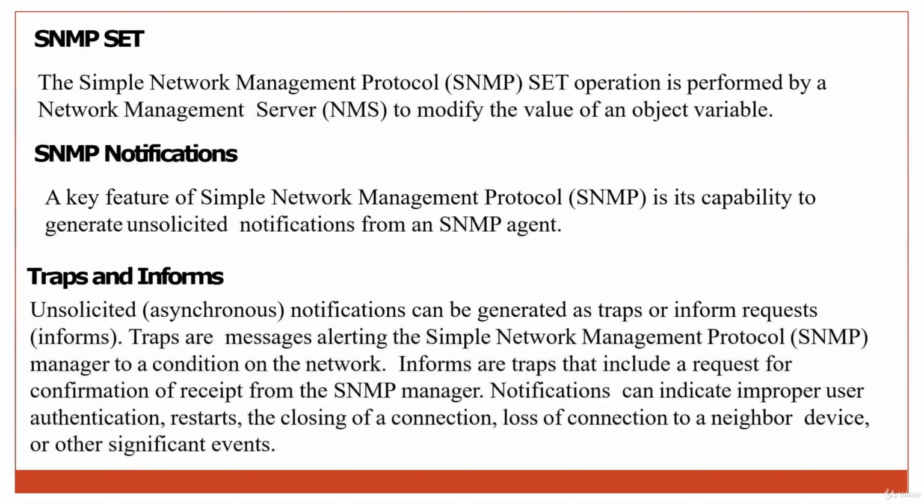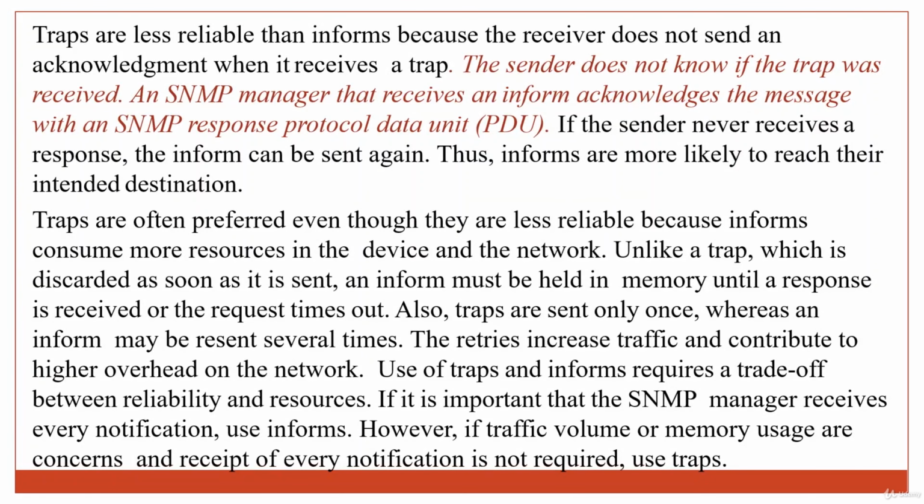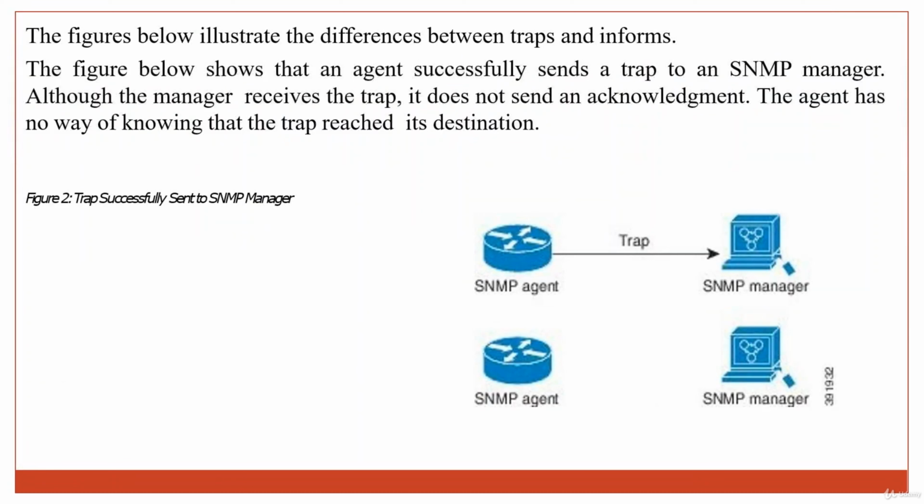Now we have trap and we have inform. The most popular of these two is trap, which is less reliable as well. The core difference between trap and inform is that a trap is a message the manager receives that doesn't have any acknowledgement. On the other hand, inform has an acknowledgement as well.